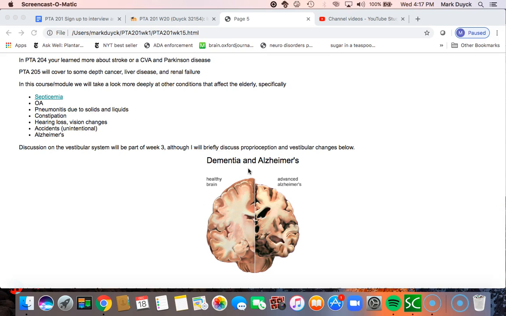Blood pressure is one of the best means that you can extrapolate to get an understanding of what's happening systemically with that individual patient.